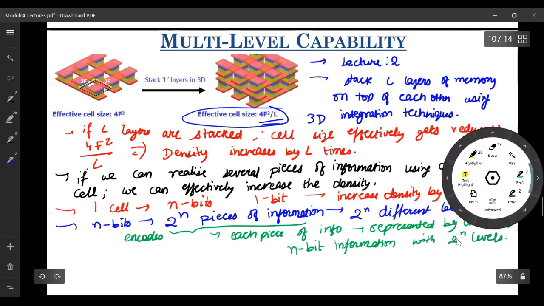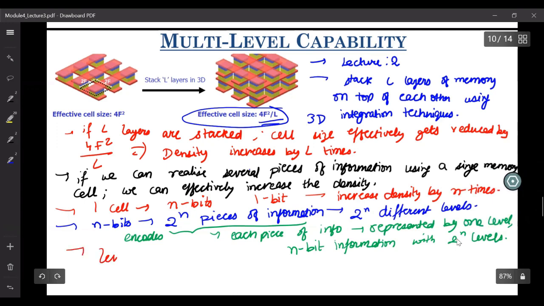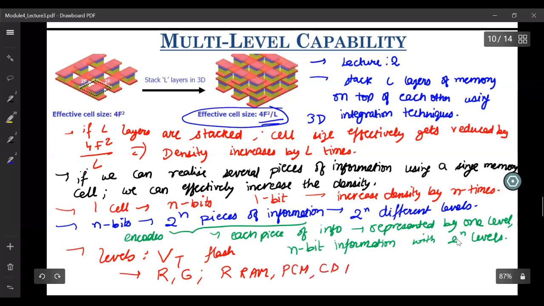Now what are these levels? These levels can be threshold voltage for flash, because your data is stored in terms of threshold voltage. It can also be resistance or conductance for the case of RRAM, or phase change memory, or conductive bridge RAM, or STT-MRAM also.